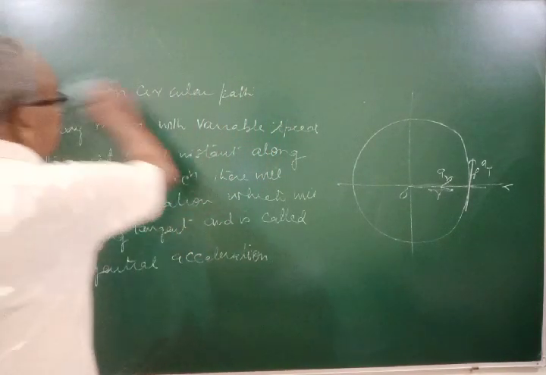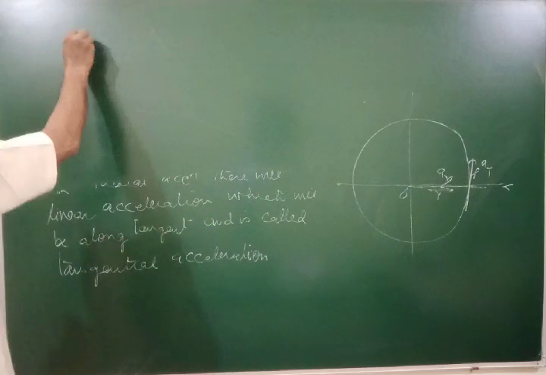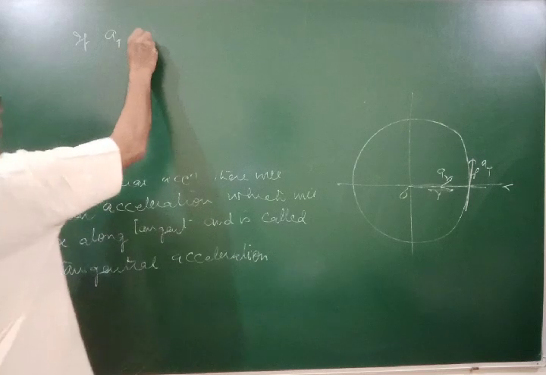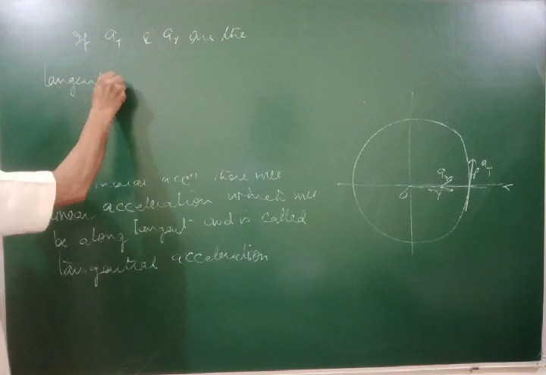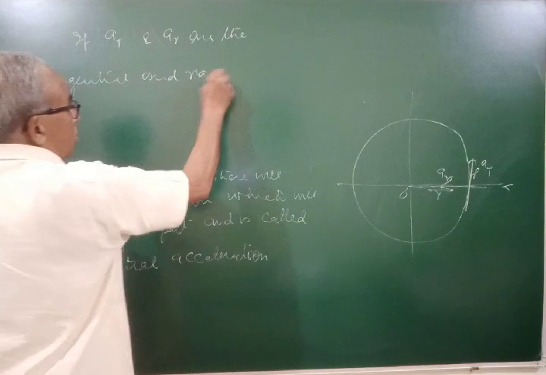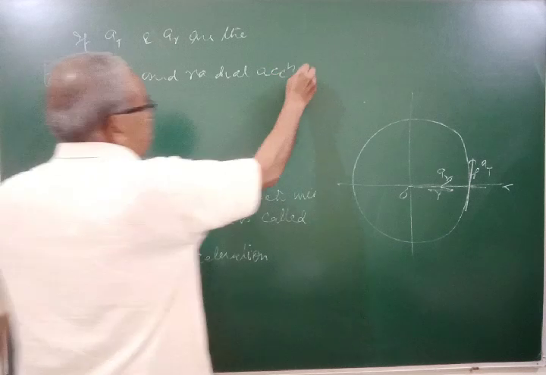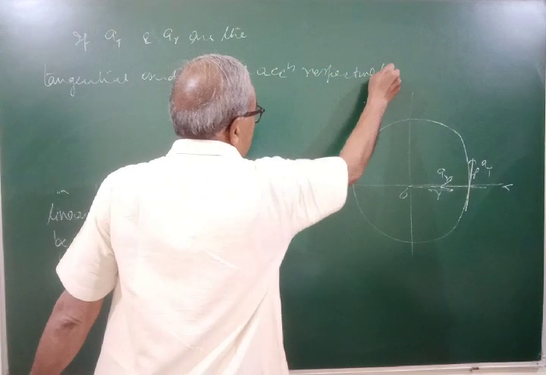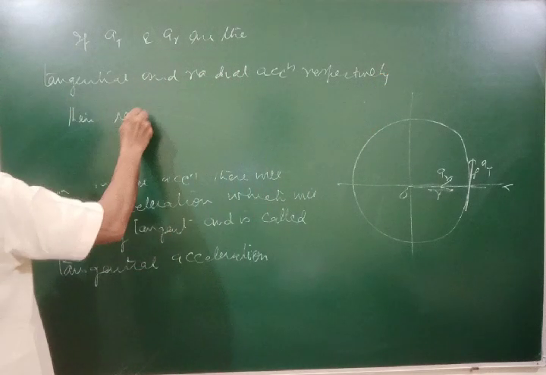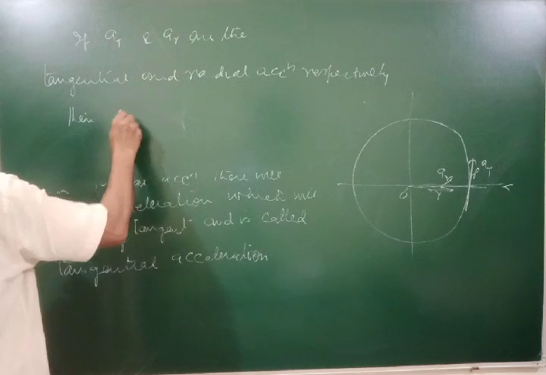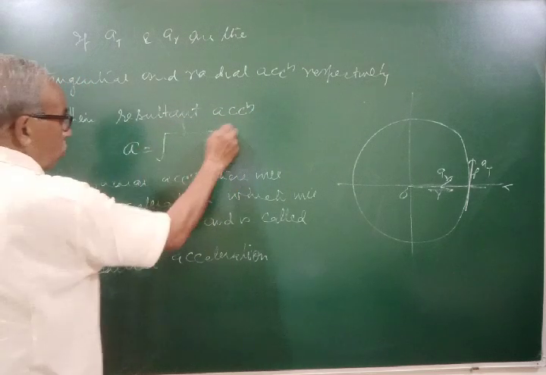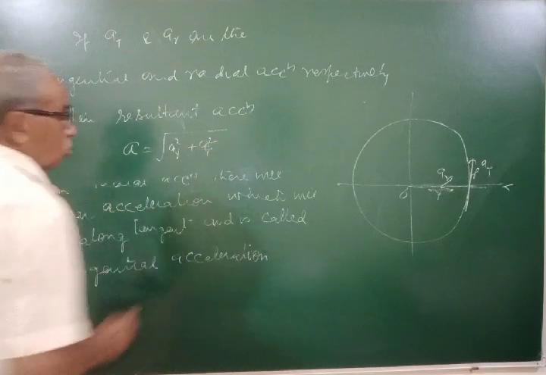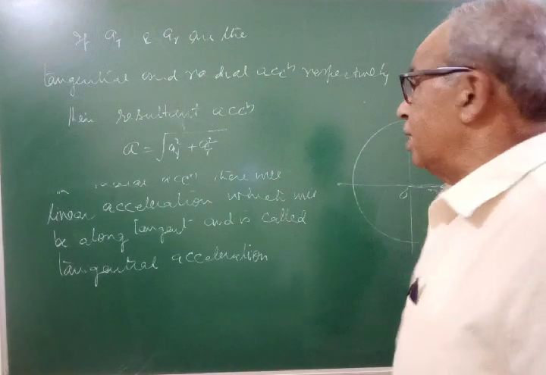If AT and AR are the tangential and radial acceleration respectively, then the resultant acceleration A is equal to under root AR square plus AT square, because when two vectors are at right angle, the resultant will be under root R1 square plus R2 square.